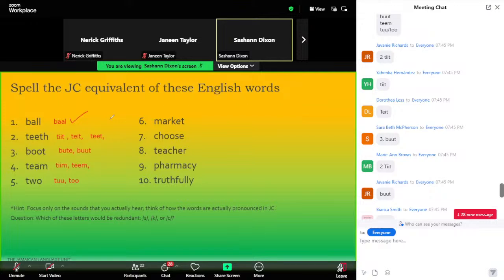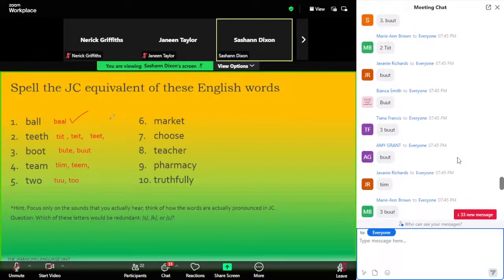Option 1, okay. I'm seeing about 4 persons saying option 1, and then another person saying option 3. Okay. Can we then rule out option 2?